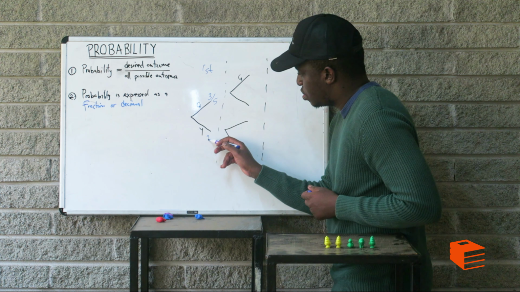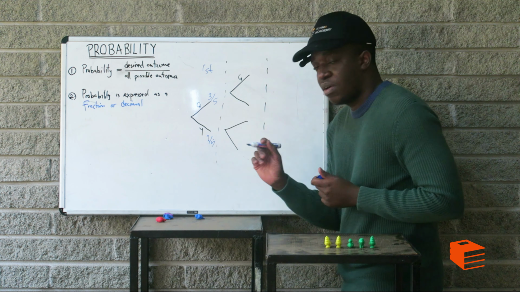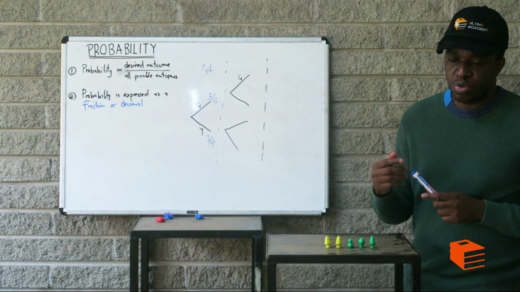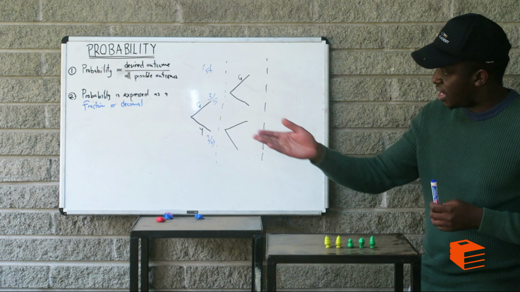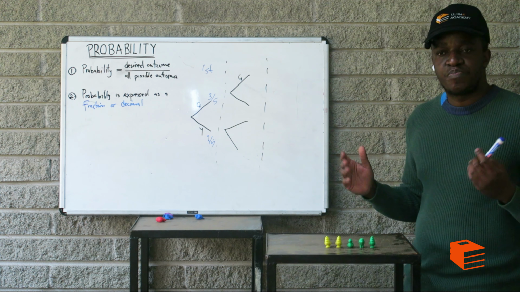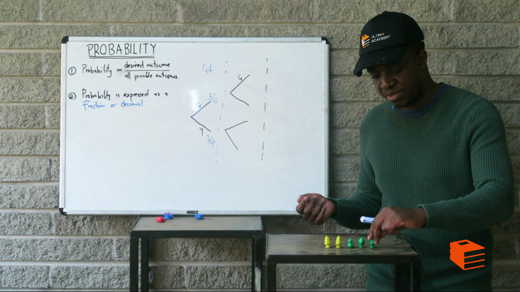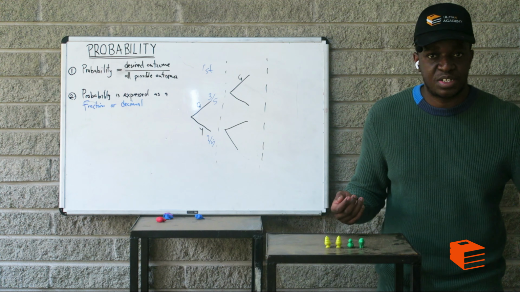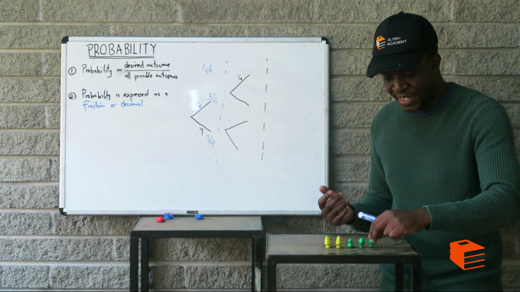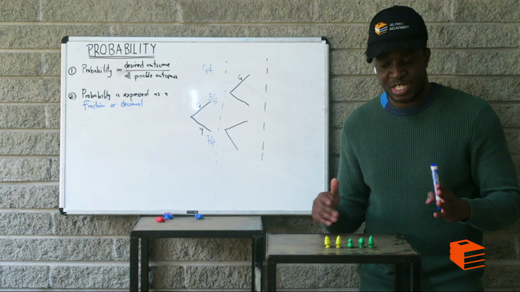It's 2 out of 5, because there are 2 here out of the 5, and then it's 3 out of 5. So again, let's say I was to pick it and I was to replace it after. So I pick it up, I use it, and bring it back.